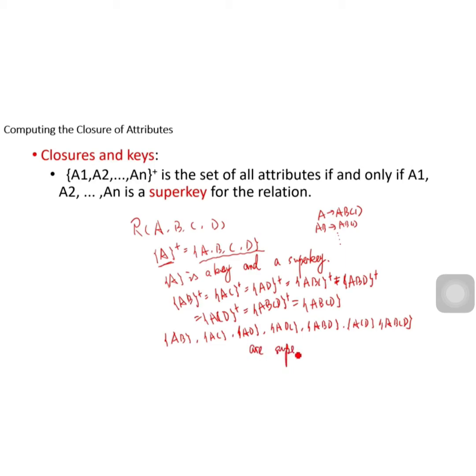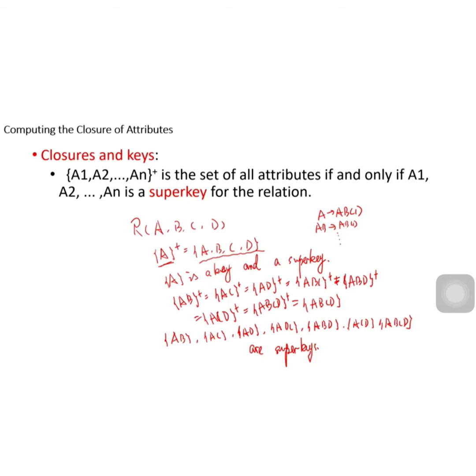What is a superkey? A superkey is a superset of a key. A is a key, and all these are supersets of A. Then these are superkeys. Okay, this is the key, the superkey, and how to find a superkey by closure.